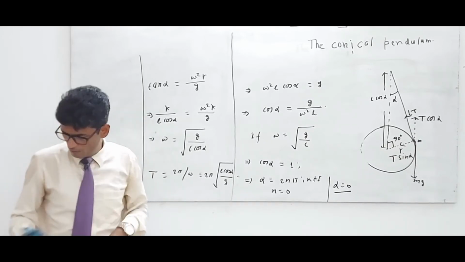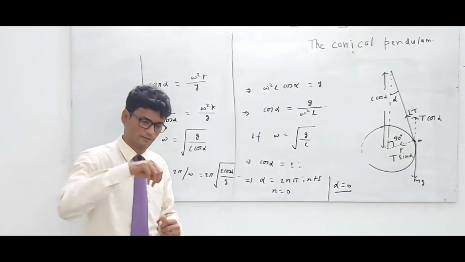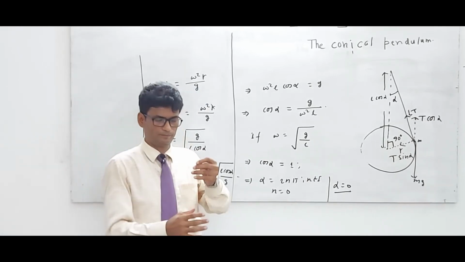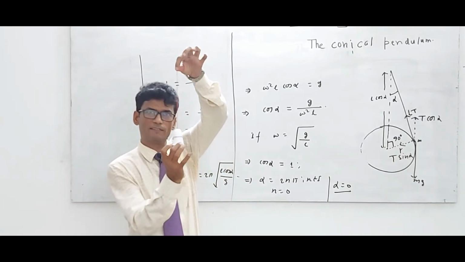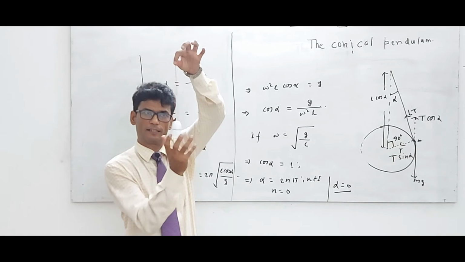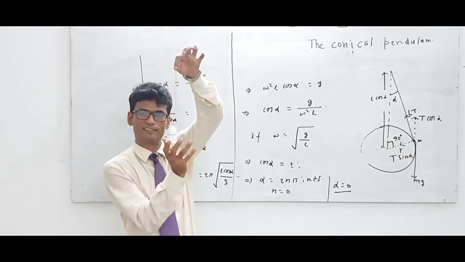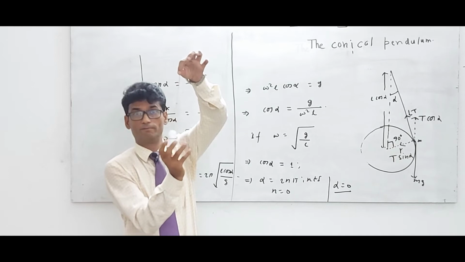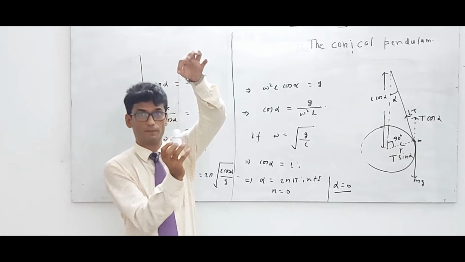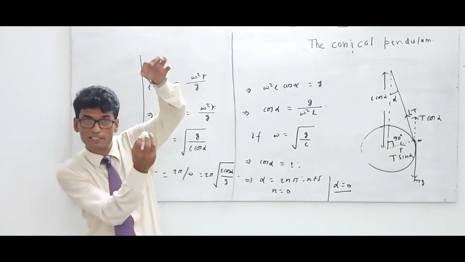Alpha is equal to 0, and still it has got angular speed. The bob is all the time vertically below, still rotating. Look at here, a very interesting situation, such a type of conical pendulum. Yes, there is angular speed. At the same place it is rotating.